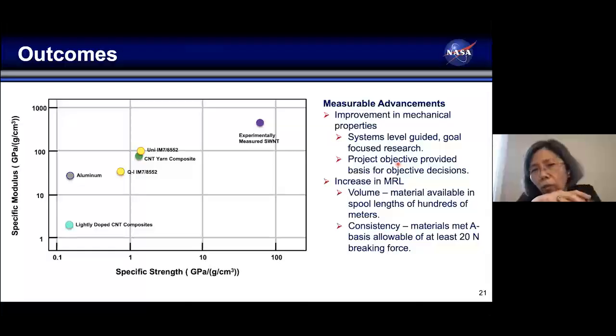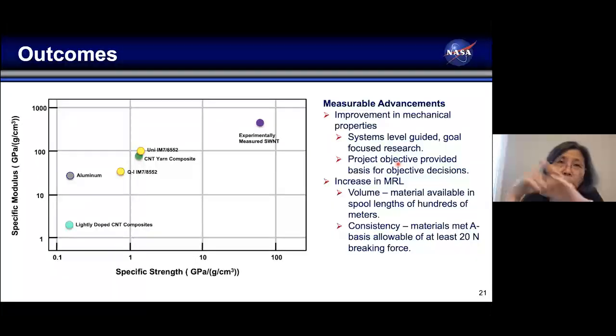The other thing is working with industry. The volume of material that we started with, initially they were only available in spool lengths of about 30 meters. And so when we were winding bottles, we were having to tie knots to have a sufficient amount of material to actually wind a bottle, because each of those bottles requires about 600 meters of yarn.